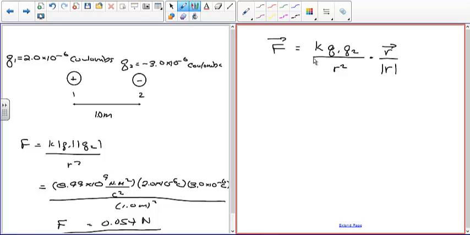This part of the equation gives you the magnitude of the vector, and this gives you the direction of the vector. This little part, the R vector divided by the length of the R vector, is called the unit vector.